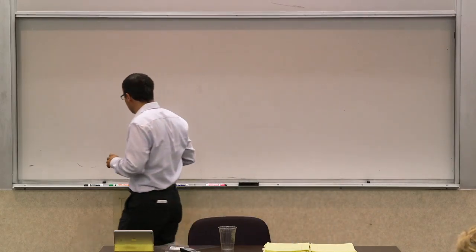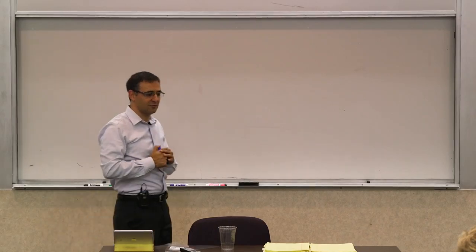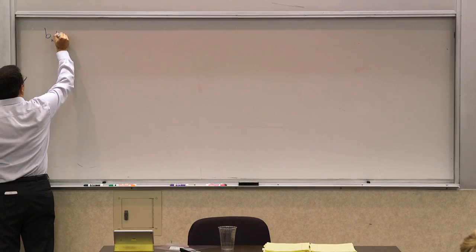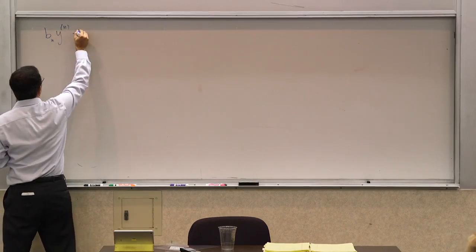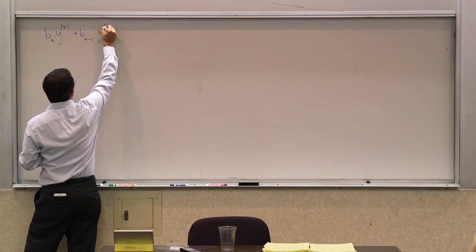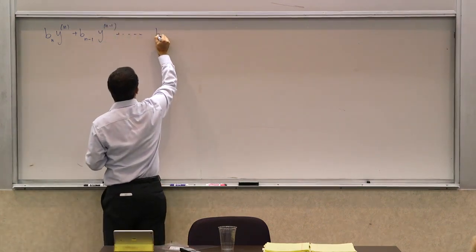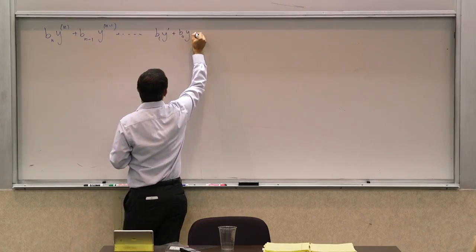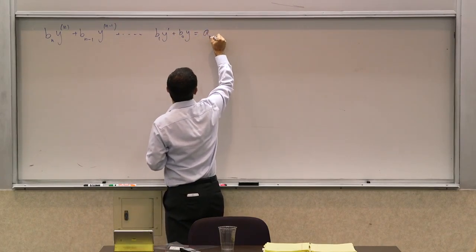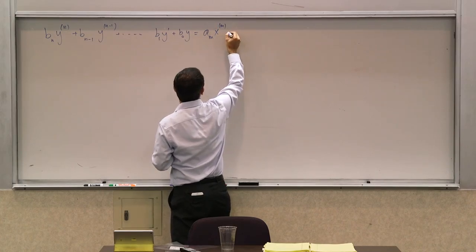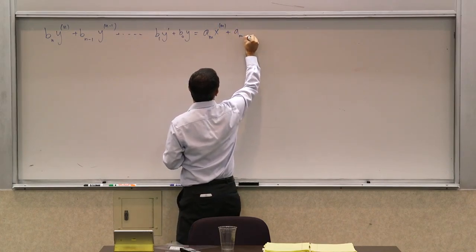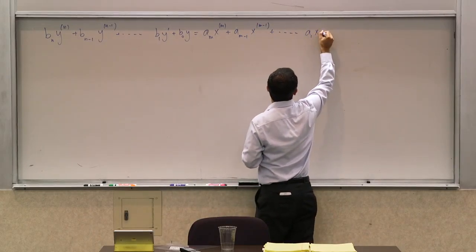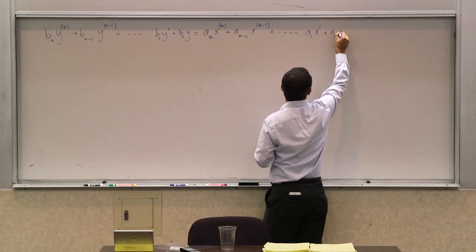If you have an nth order differential equation, let's say you have bn times the nth derivative of y, plus bn minus 1 times the (n minus 1)th derivative of y, all the way to b1 y prime plus b0 y, equals am times the mth derivative of x, plus am minus 1 times the (m minus 1)th derivative of x, all the way to a1 x prime plus a0 x.